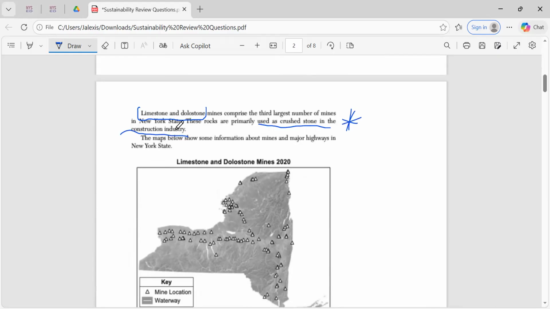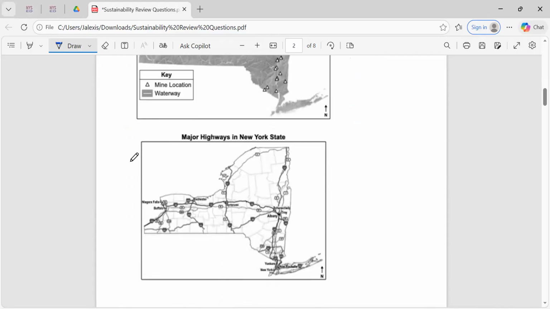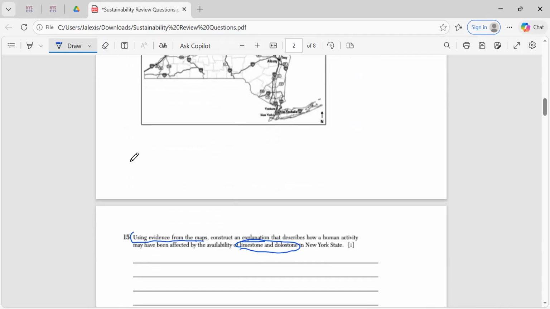Limestone and dolostone are used as crushed stone in the construction industry, meaning that these rocks are used for construction. Remember that. Now the question is saying, using evidence from the map, I need to construct an explanation about what humans are doing.